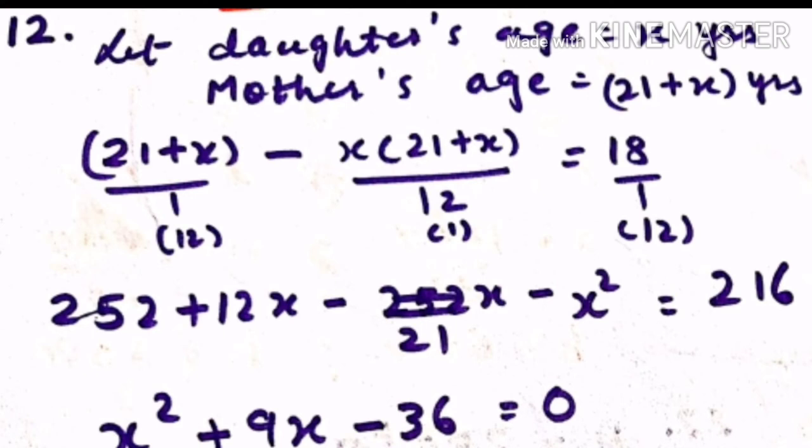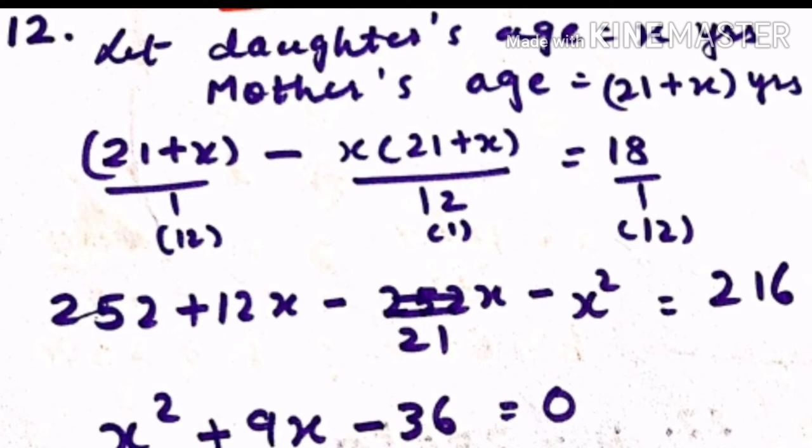Now you can see the denominator, if nothing you can write 1 and then take LCM. That LCM we have to multiply with the numerator. 12 21s are 252 plus 12 into x, 12x minus 21x minus x square is equal to 18 12s are 216.